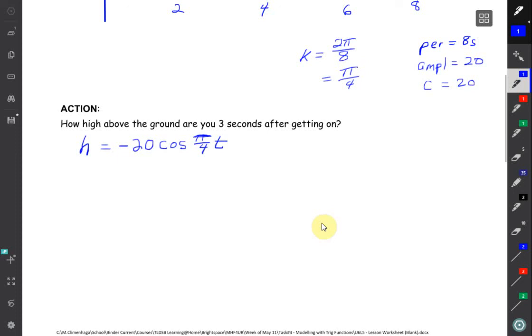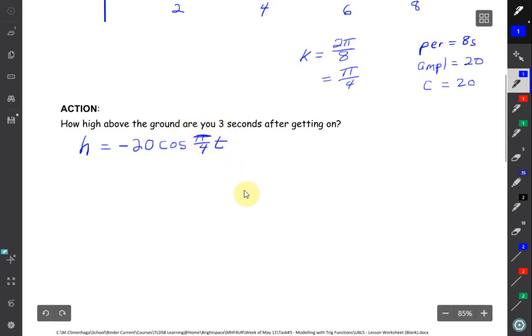One thing I want to point out is this idea that the axis is t, because we really haven't talked about that before, the fact that we could have something other than an angular measure. It's not degrees, it's not radians, it's time, which is seconds.